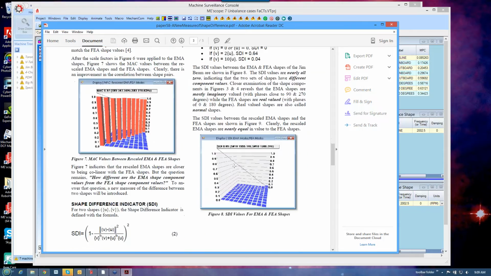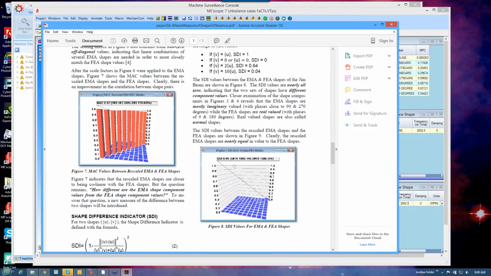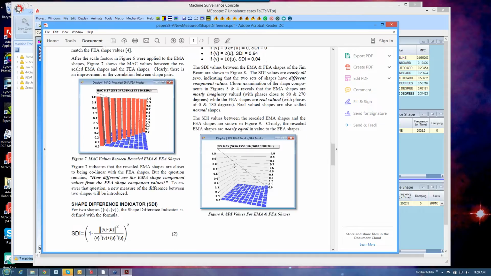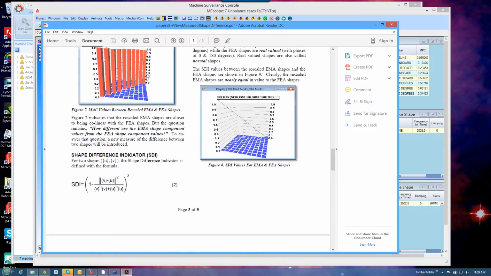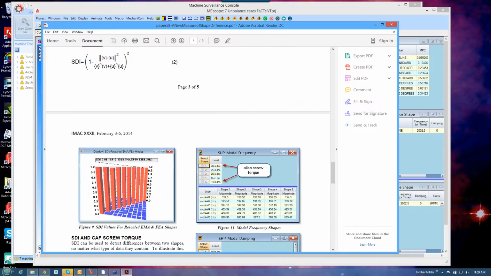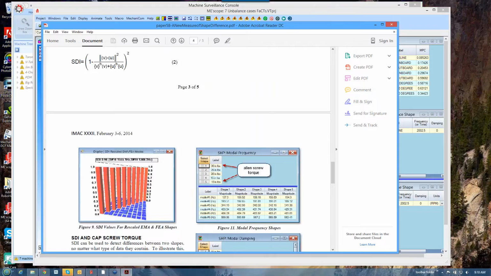So this again is showing a comparison. We can treat two shapes exactly the way that we treat them with the MAC calculation, except down here we see their SDI values. This is not only indicating that the shapes are the same. Remember, MAC just tells us that they are collinear. It doesn't tell us whether the magnitude of one is greater than the other.